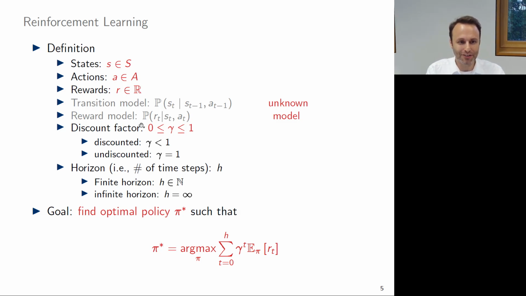Here it is. Now it starts. So we take the Markov decision process and we just relax the assumption that we know the transition model, and also relax the assumption that we know the reward model. So we don't know both of these models, and so one might ask, is this even possible to solve if we don't have these essential ingredients of the model?